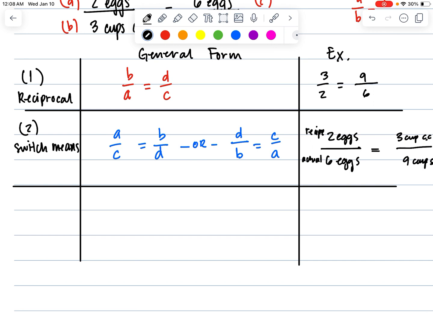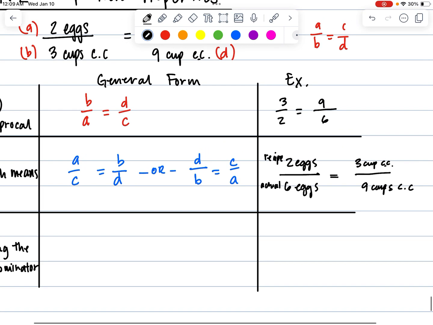Okay, the last method is slightly different, and you're going to see this with triangles. Let's call this adding the denominator. This one is slightly different.